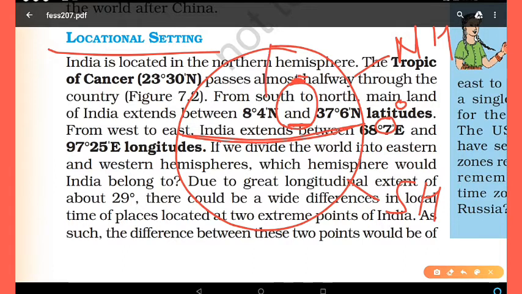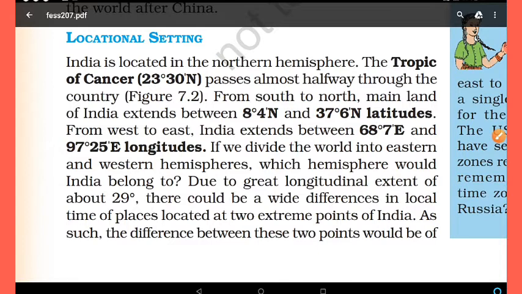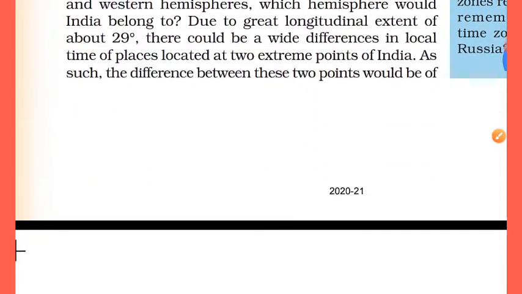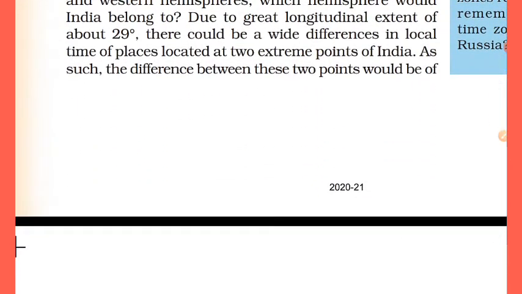And from the 0-degree longitude, if we count, 68 degrees 7 minutes east to 97 degrees 25 minutes eastern longitude. So this is the location of India on the longitudes as well as latitudes.